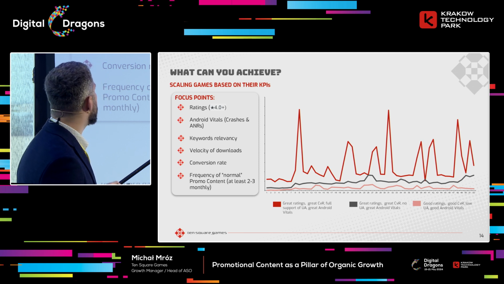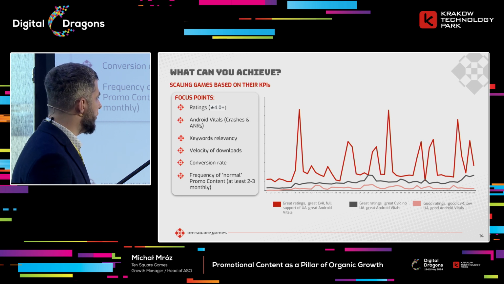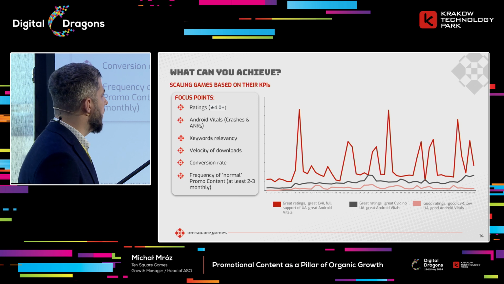It has ratings above 4.5, there are no issues with Android Vitals, and we also bring extra paid acquisition budgets. And you can see that with this kind of support, we can reach this kind of organic uplift whenever we had promotional content in the past year.